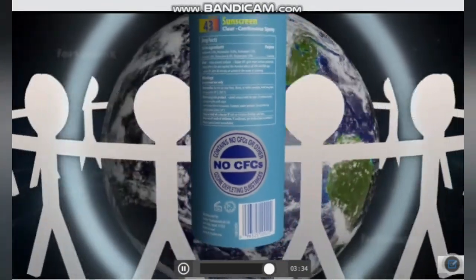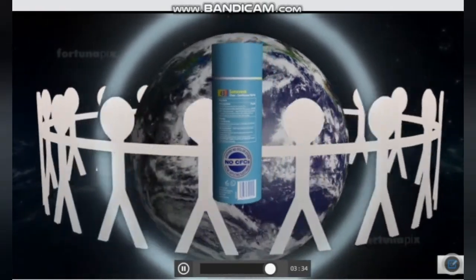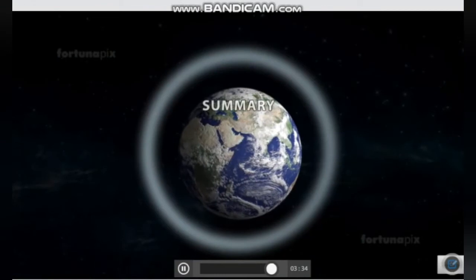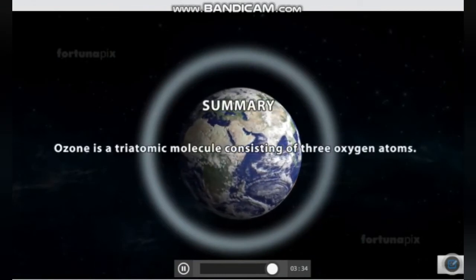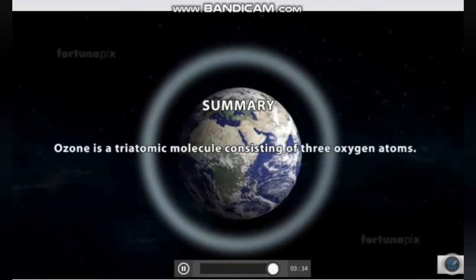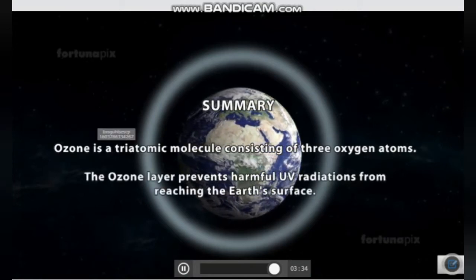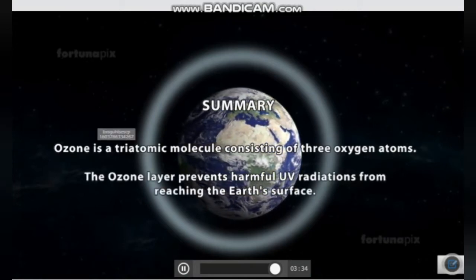This treaty will reduce the production and use of ozone-destroying chemicals. Summary: ozone is a triatomic molecule consisting of 3 oxygen atoms. The ozone layer prevents harmful UV radiation from reaching the Earth's surface.